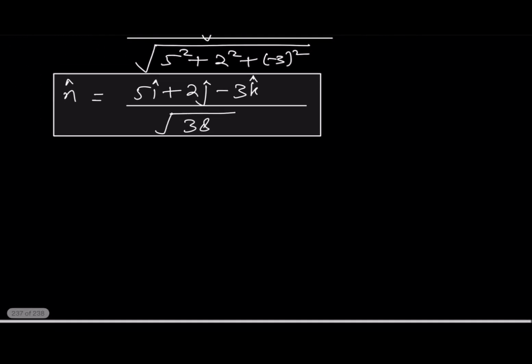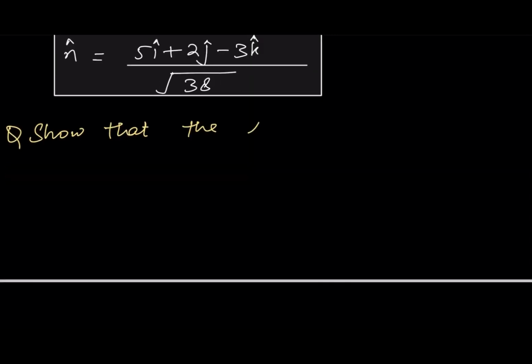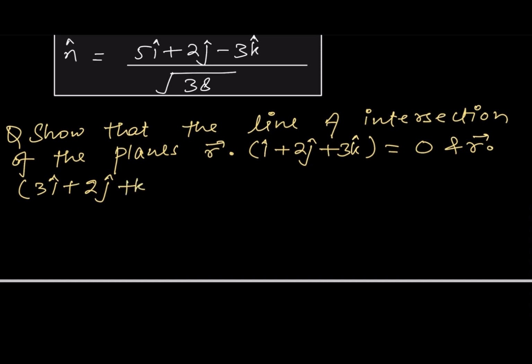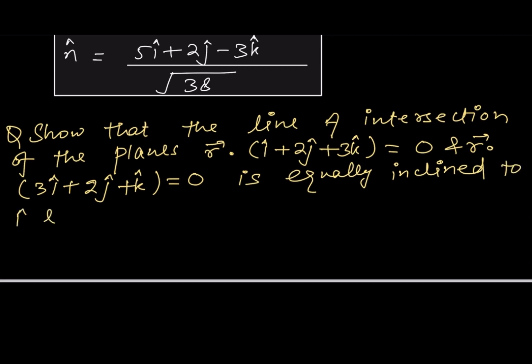Now let us take one more question. The question is, show that the line of intersection of the planes r dot (i plus 2j plus 3k) is equal to 0 and r dot (3i plus 2j plus k) is equal to 0 is equally inclined to i cap and k cap, right?